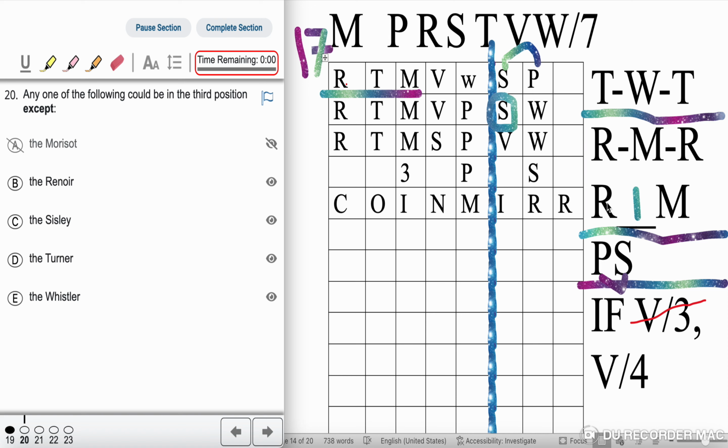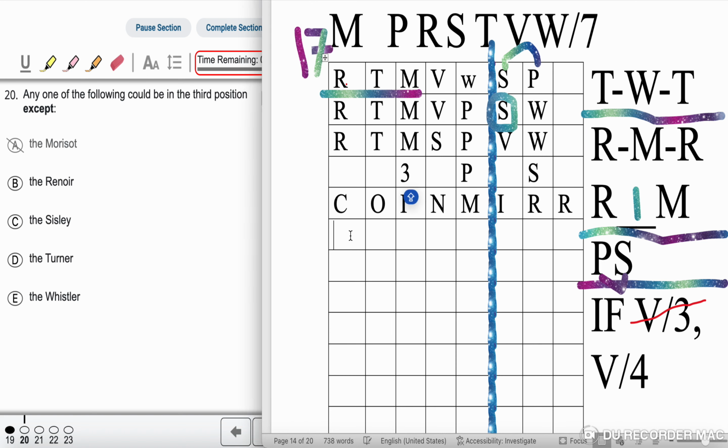According to the rules, T has to be closer to W, the door, and then R has to be closer than that, so R and M have to be closer. Right away, that tells me that if I can visually input it, R, put a 1 space here, number 1.